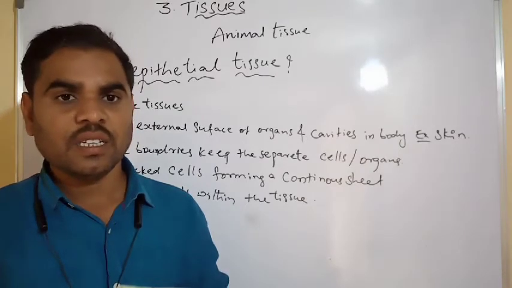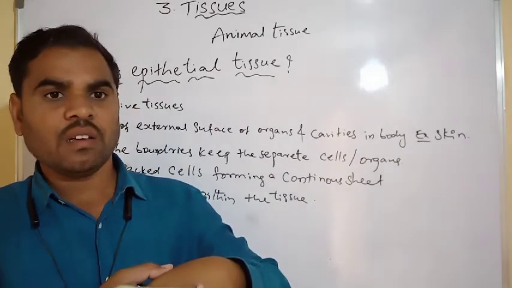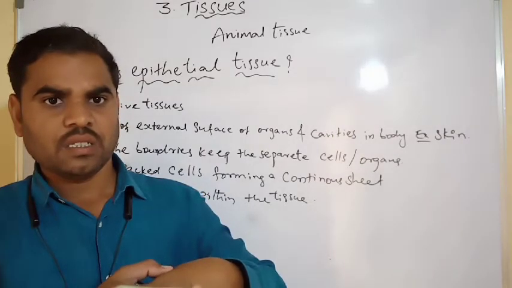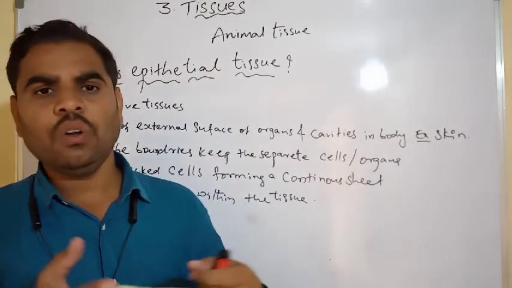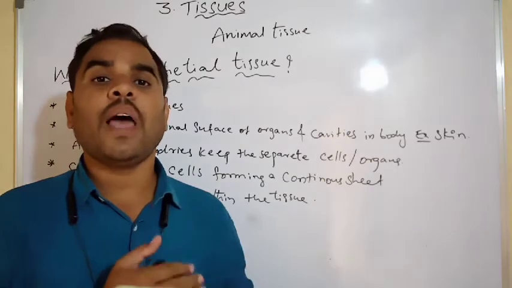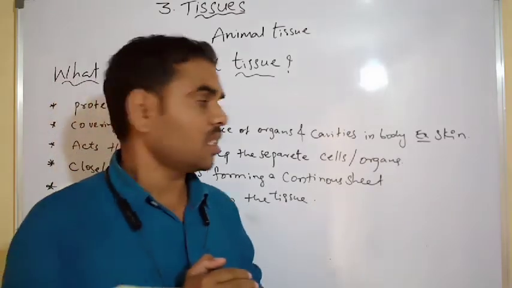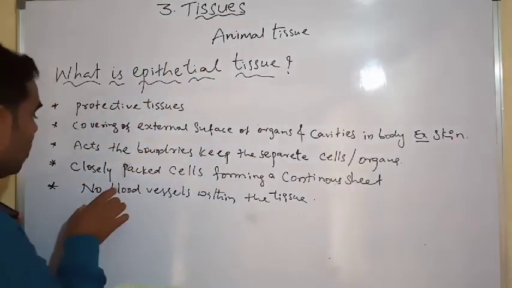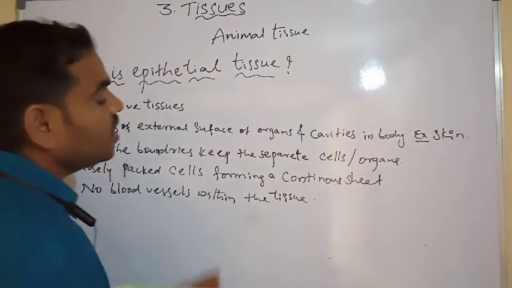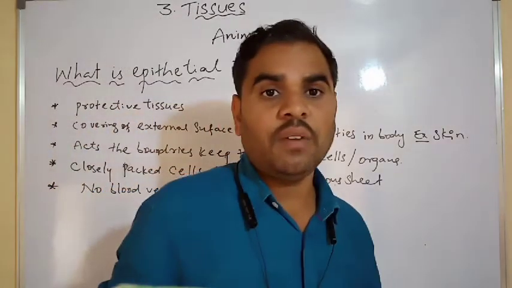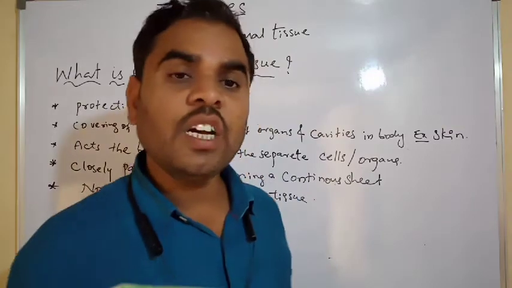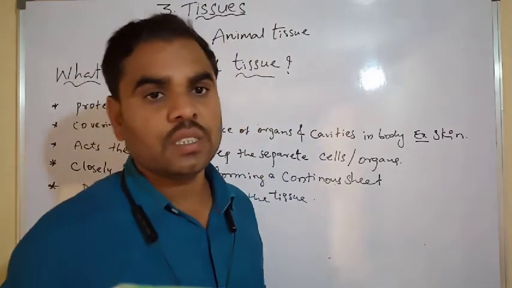Is there any pores on our surface? See, epidermis? No. So it is closely packed cells. Next, no blood vessels within the tissues. Is there blood vessels? No. It doesn't have any blood vessels.